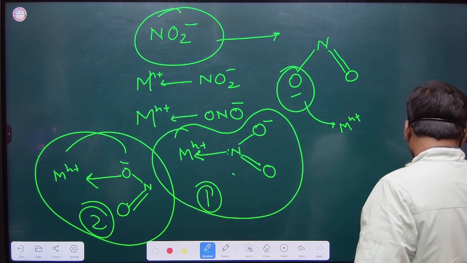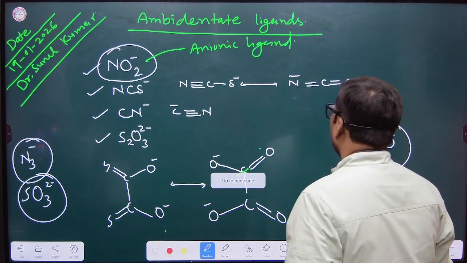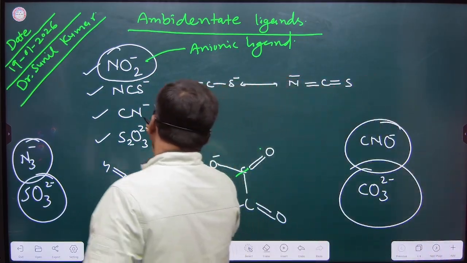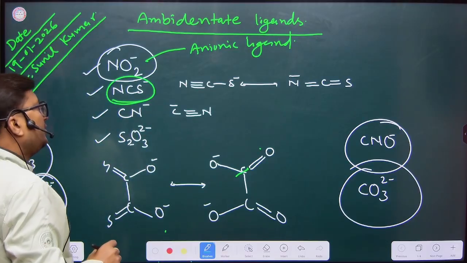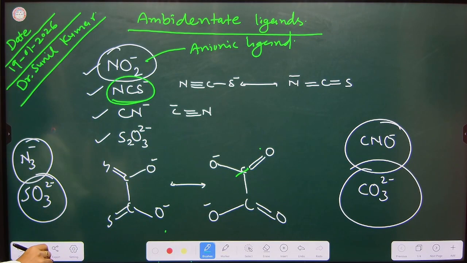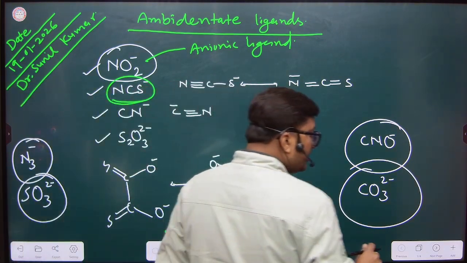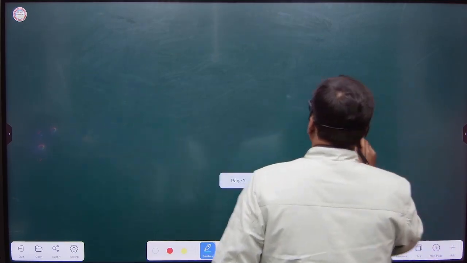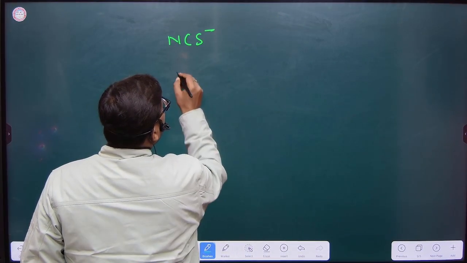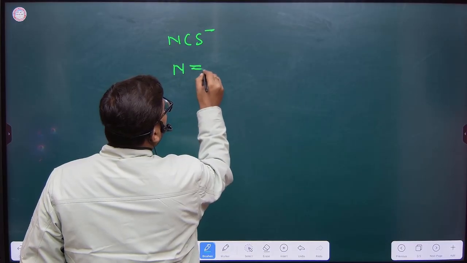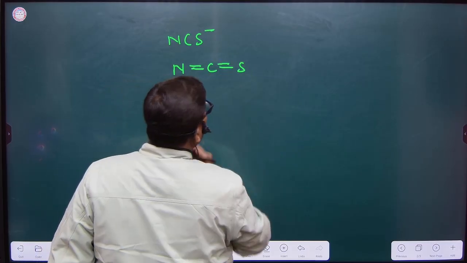Another example is NCS minus, that is thiocyanate ion, NCS minus. What is the structure? N double bond C double bond S, right?